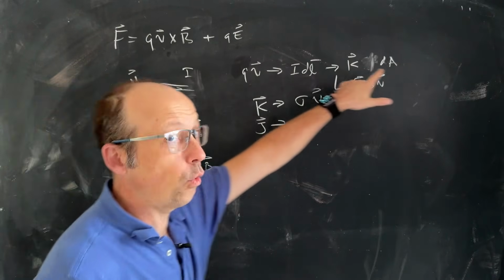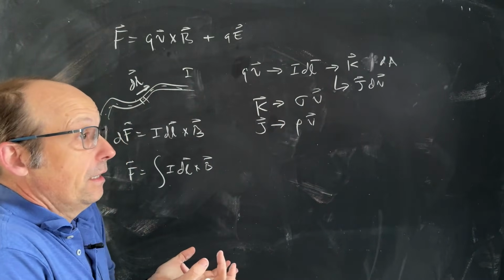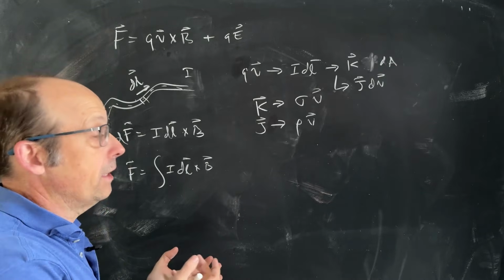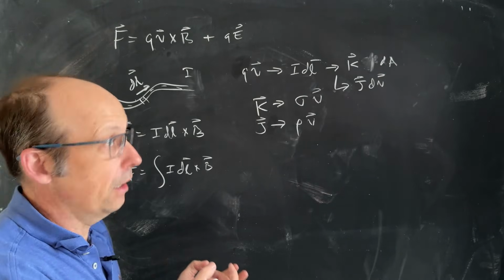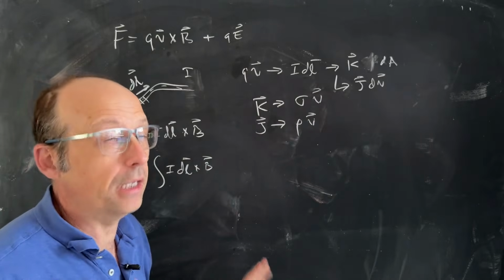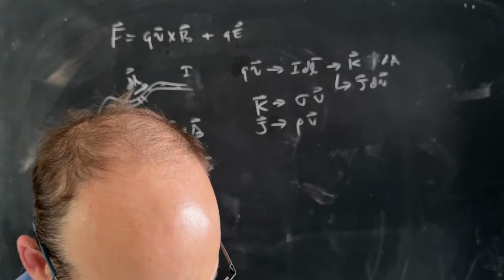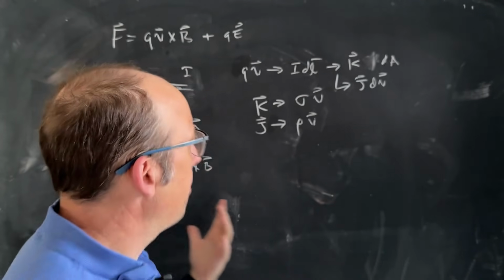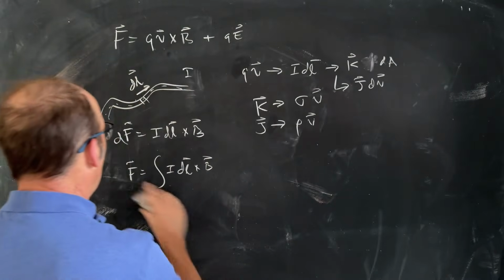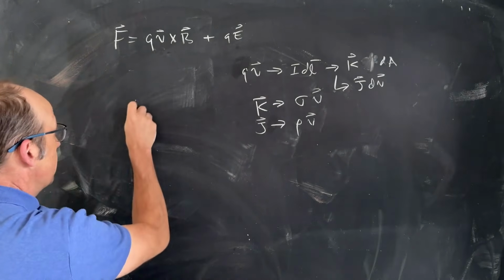So these are all equivalent terms, right? So if I know the volume density, the current density J, I can replace I dl with J dV. That comes up a lot, so I just want to point that out right there. Based on the definition of current, the flow of charge, we also get this.